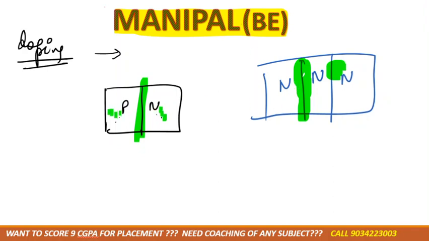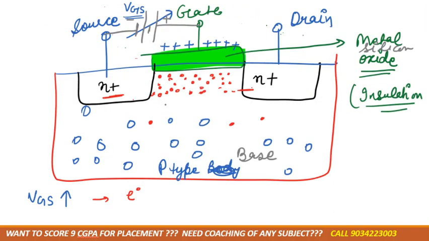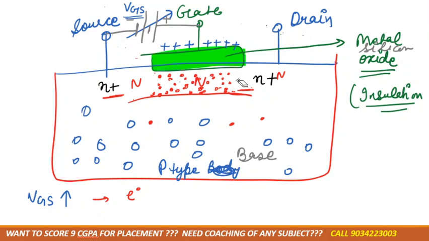You never see a wall between the same carriers, right? Yes or no? So more and more electrons will be there, and automatically this wall will vanish.